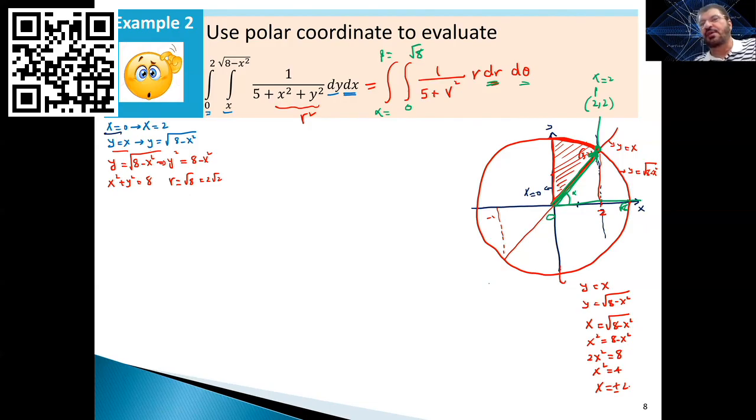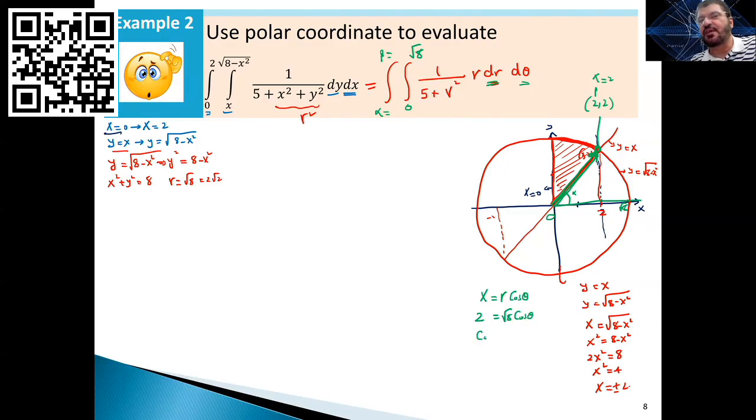2. Okay. We know that x is equal to r cosine theta. Remember that. x is equal to r cosine theta. And x here is what? 2 at this point. r is the radius of the circle, root 8, cosine theta. Fine.